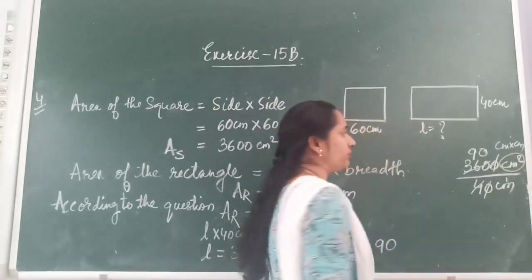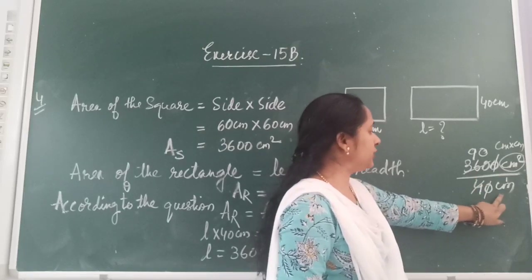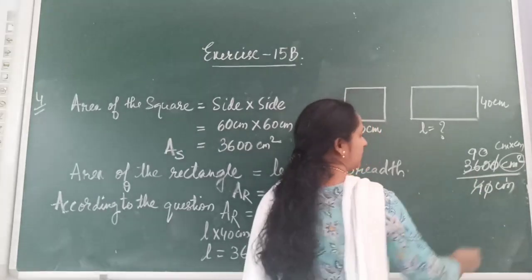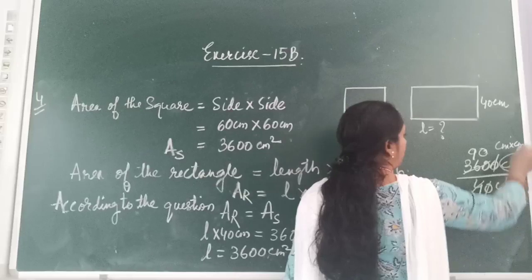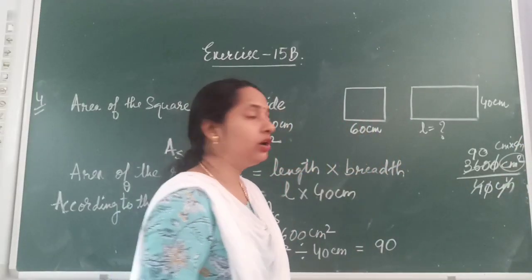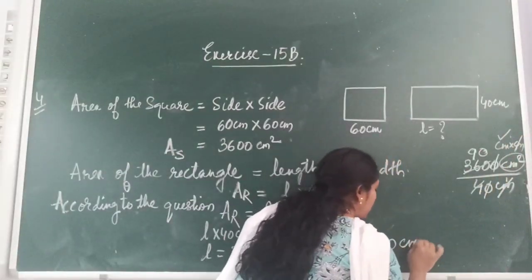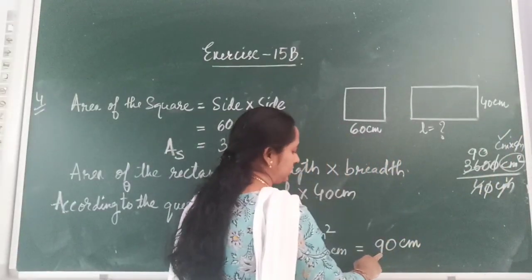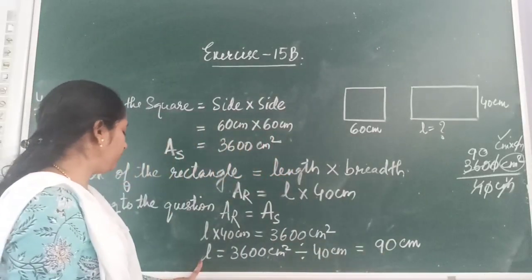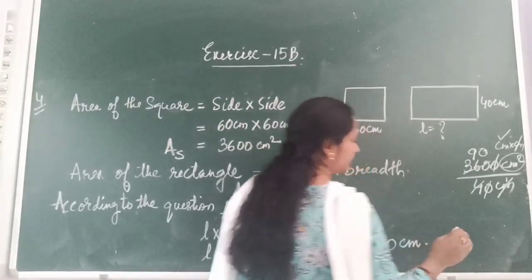Now in the denominator 1 centimeter is there, so 1 centimeter from the denominator and 1 centimeter from the numerator will get cancelled. We will remain with 1 centimeter in the numerator, so the unit goes to 90. So the length of the rectangle will be equal to 90 centimeter.